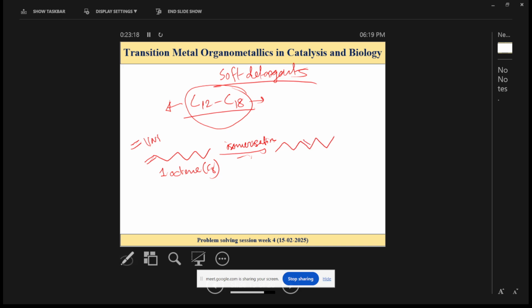Okay, this 4-octane. After that it undergoes the cross metathesis reaction with the help of ruthenium and to give the 2 tetradecene, that is the ruthenium catalyst to give this cross metathesis reaction.